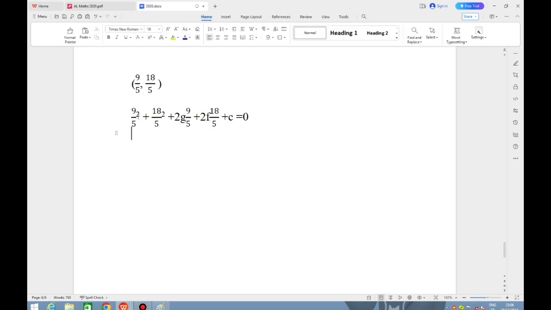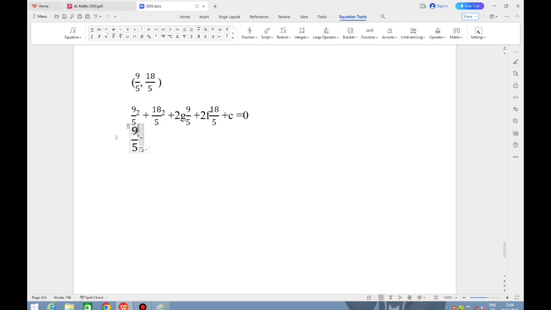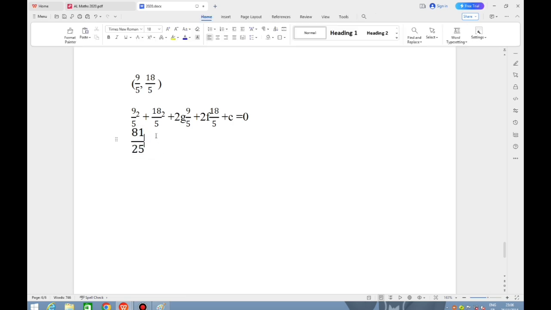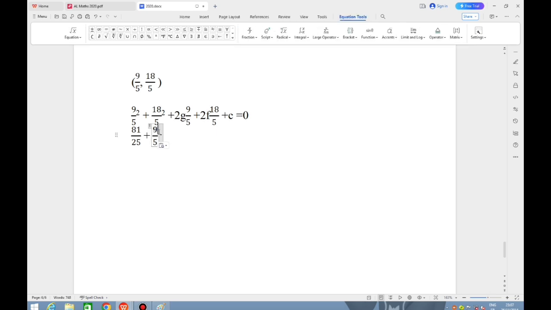Moving on, if we do the simplification, 9 on 5 squared is equal to 81 on 25, plus 18 squared on 5, which is 324 on 5, that's going to give us 324 on 25 rather.